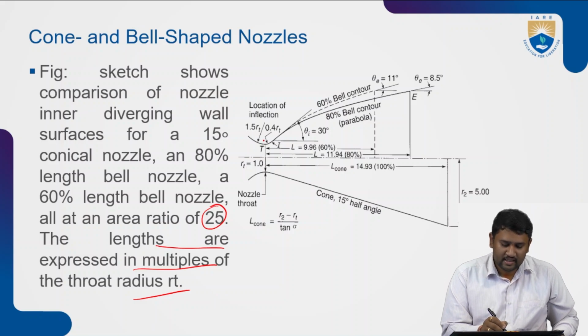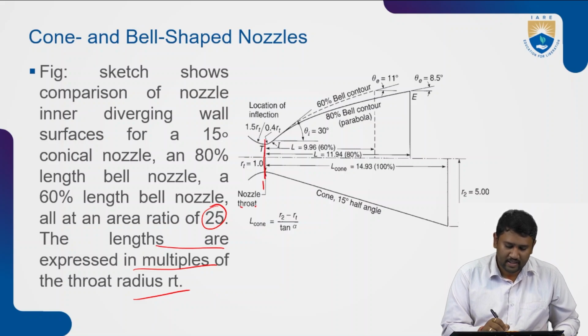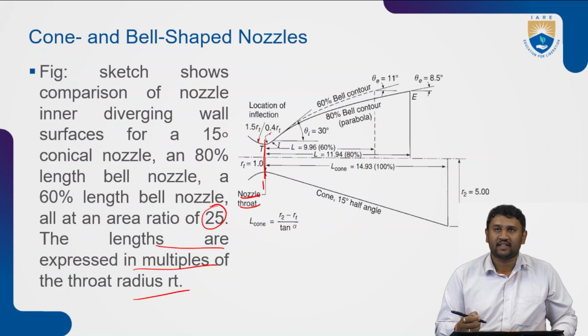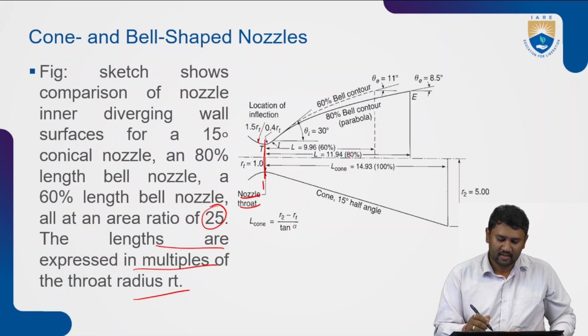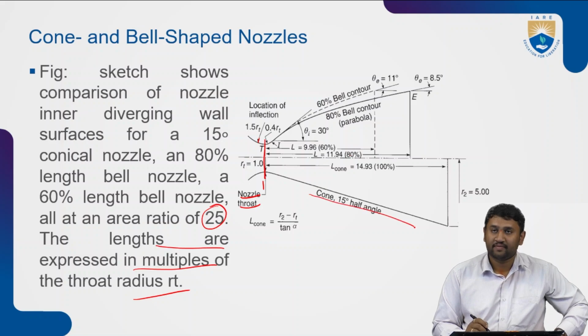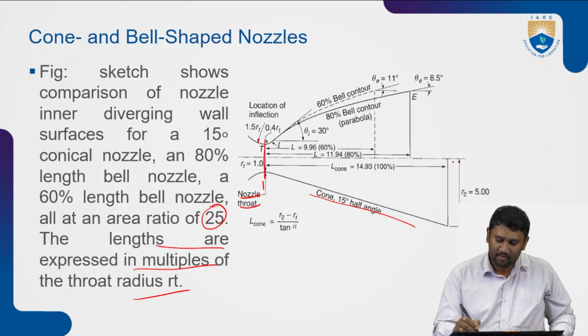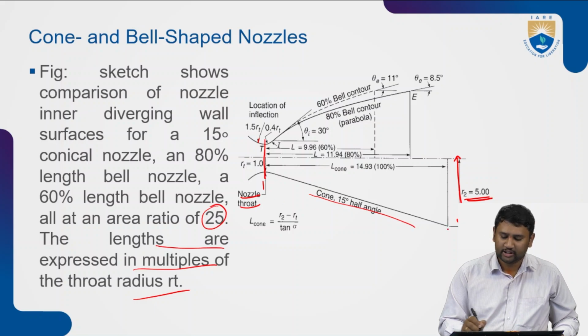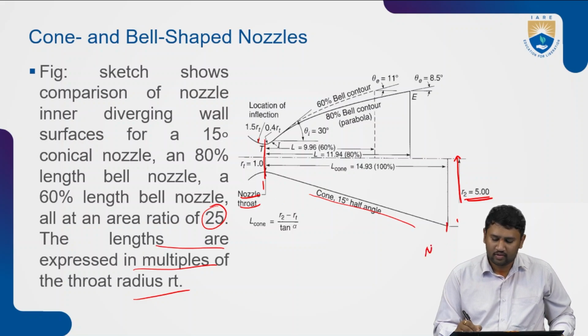Now let us consider this is my throat region, particularly in the nozzle throat, and this is my location of inflection. For a 15 degree half angle, maintaining my same area ratio, this will be my total length from throat to nozzle exit.